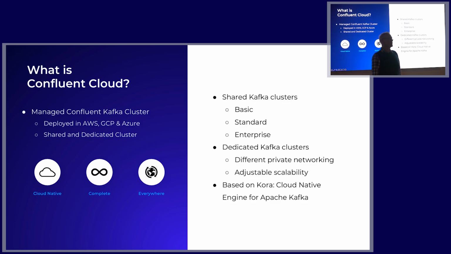If you ever spun up a Kafka cluster yourself, going through all the process of Ansible and God knows what, then you go to Confluent Cloud and say, give me a cluster of that size, and it goes clack and it's there. Not quite true if you do a dedicated cluster, because in that case it actually has to be spun up for you, and that might take a few hours.